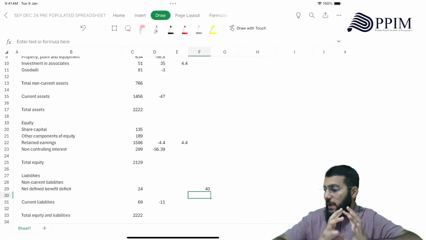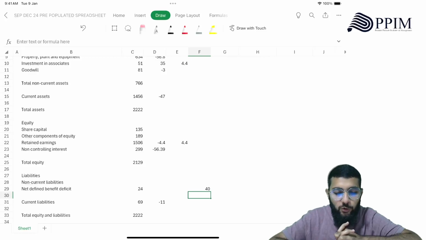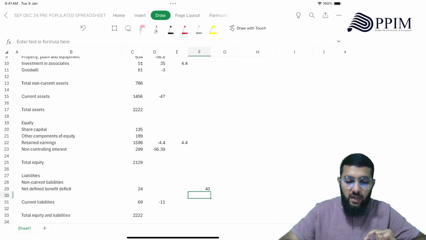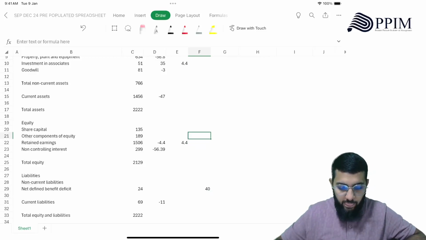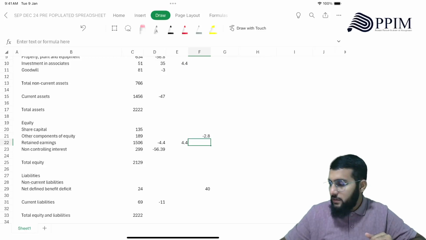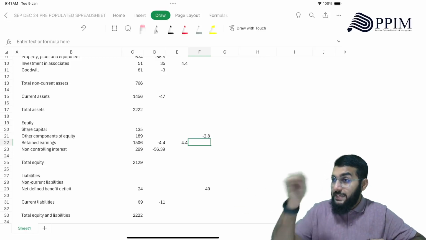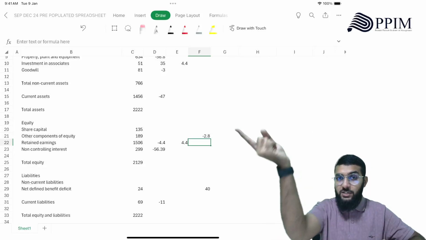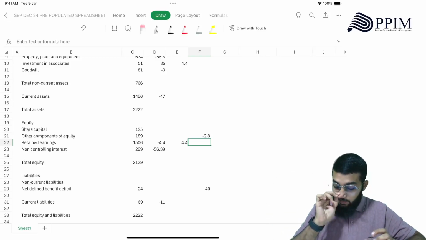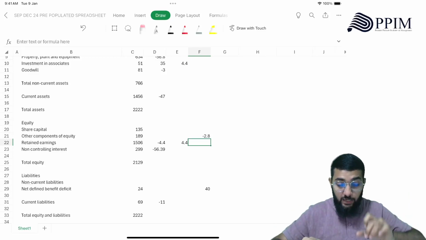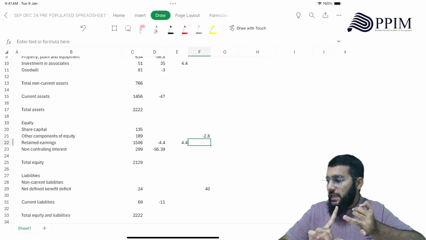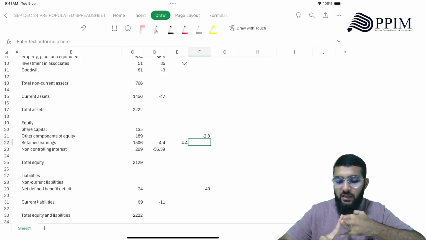But how the adjustment would happen, that also we know, right? We know what the adjustments are. So adjustments are going to be on other components of equity as well as retained earnings. Other component of equity, how much? 2.8 remeasurement component, right? Cost, net deficit we're adding there, so it's a cost. So we deduct, right? Debit the other components of equity, because we are recording it through other comprehensive income. Then retained earnings adjustments. The service cost and the interest cost will be deducted.